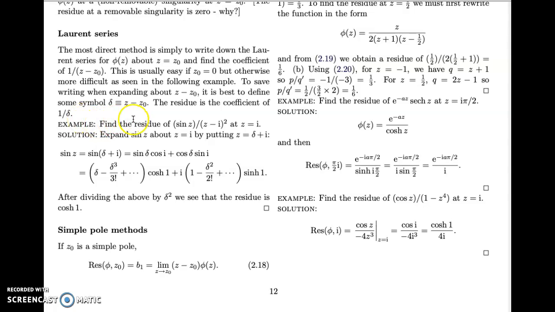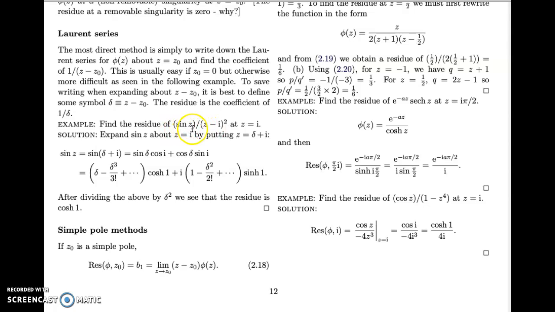In this example, we want to find the residue of sin z over (z minus i) squared at z equals i. We need to expand. The z minus i is good, because that's already in the form delta, so we're going to replace this by delta squared.